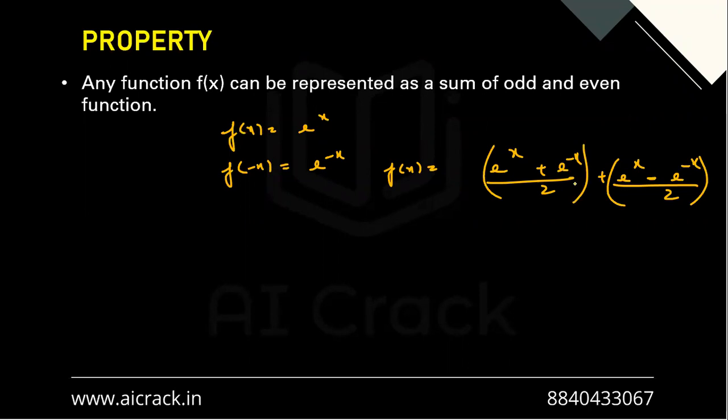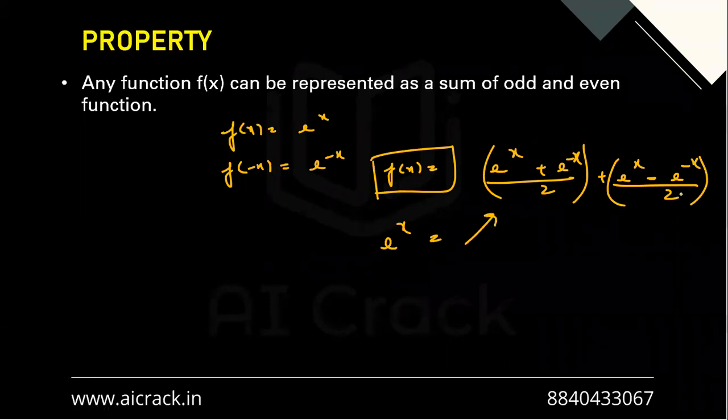So these are two functions, right? And we got to see that this one is an even function and this one is an odd function. So basically we wrote e^x as a summation of even and odd functions. So this is our property.